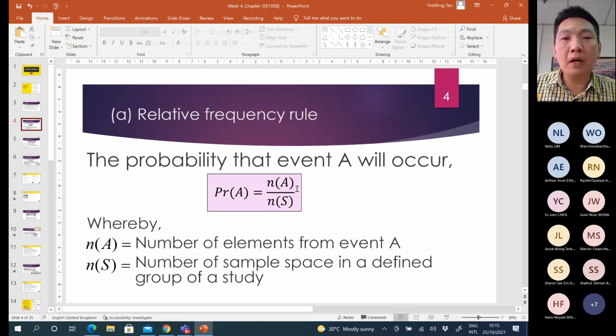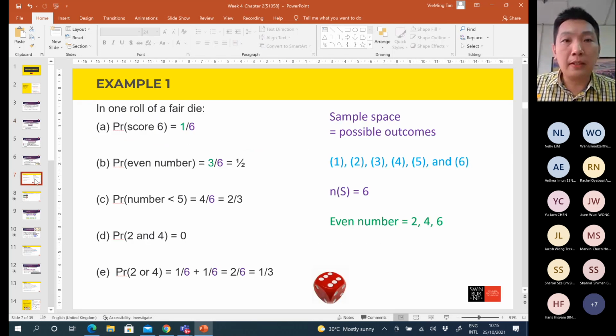Your number of even numbers from a die consists of three even numbers, which are 2, 4, and 6, right? And then NS is referred to the total number of faces from a die. A die consists of 6 faces, so NS is 6.